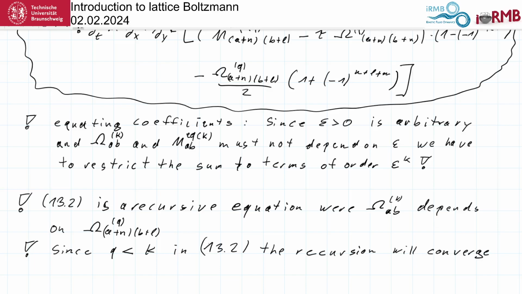So you start with K equal 10. K equal 10 only depends on Q's smaller than 10, and they only go down to 0, and there's nothing negative, and so it ends here. And so we have a guarantee that all of this will converge, and we have a finite system.